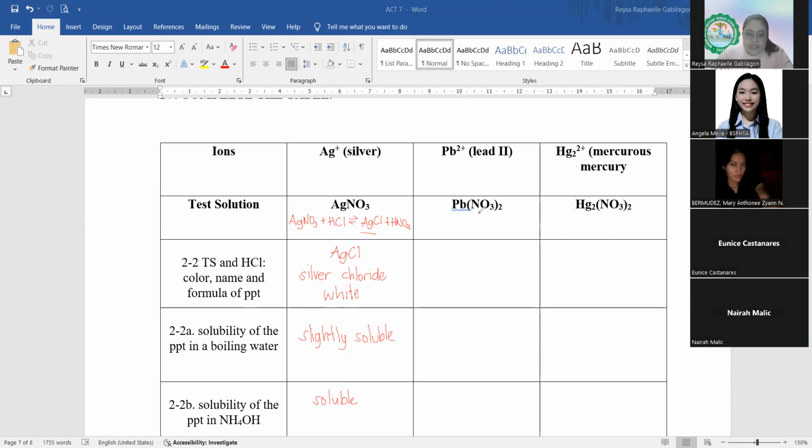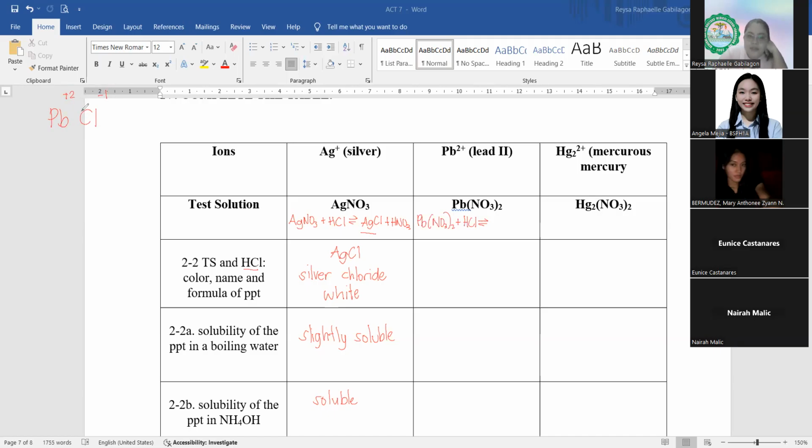Let's complete this table before we go down later. Now the equation for this one. This is lead nitrate, Pb(NO3)2, plus our reagent HCl. It's still double displacement, so the lead will partner with the Cl. But check the charge before you write the chemical formula.